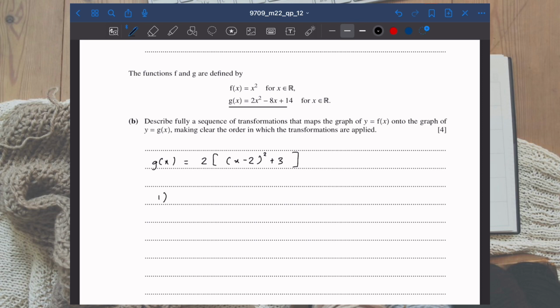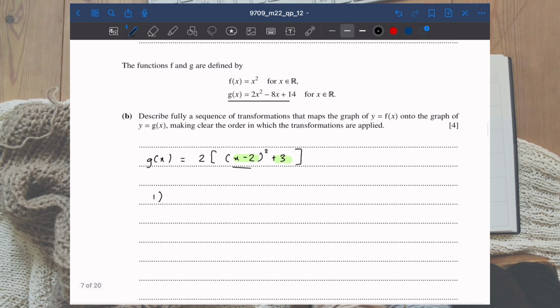So first, the graph shifts in the direction of the x-axis and the y-axis. In the x-axis, it shifts by 2 units to the right. Since it's negative 2 in the bracket, we go the opposite way. So a shift of 2 units to the right in the x direction.